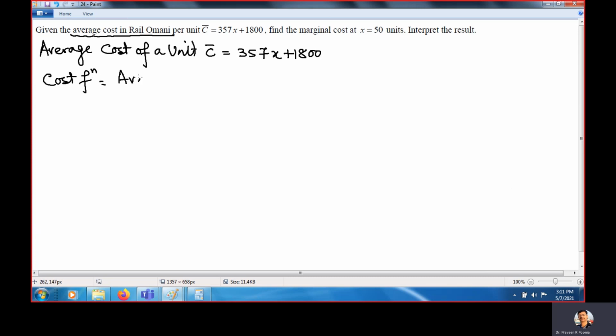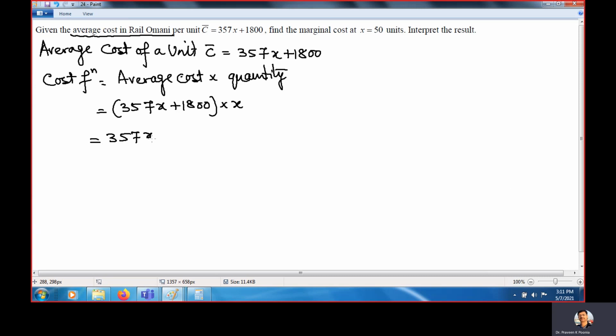Average cost into quantity. So average cost is C bar, 357 x plus 1800 into x. So it will become 357 x power 2 plus 1800 x. This is the cost function.